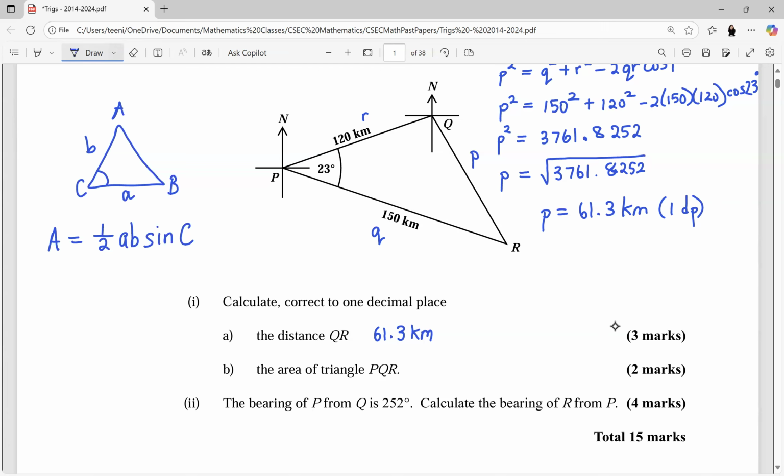So in other words, it's half of the product of the two given sides multiplied by the sine of the included angle.